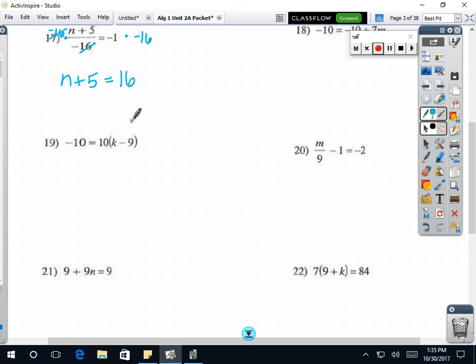And now to solve for n, what do you do? And so n equals 11. Okay, then you can plug it in to make sure you're right. If I plug in an 11 right here, 11 plus 5 is, and 16 divided by negative 16 is negative 1.